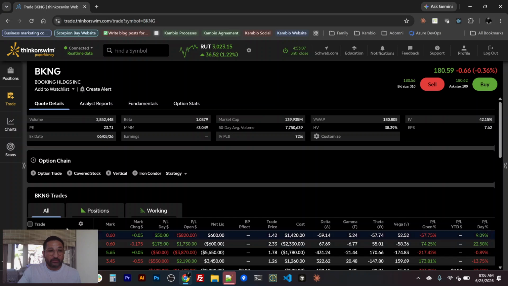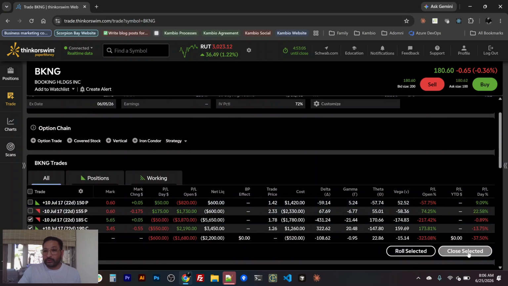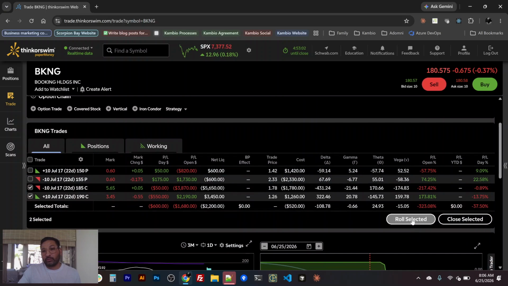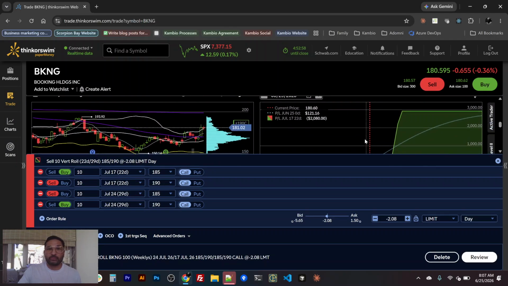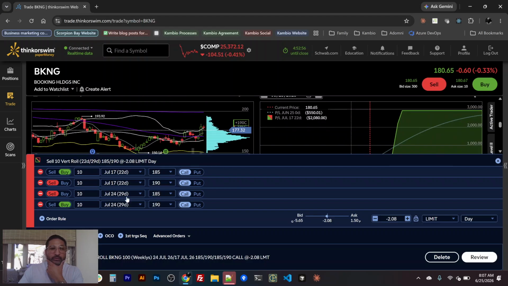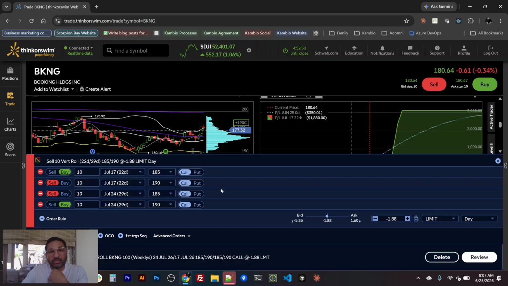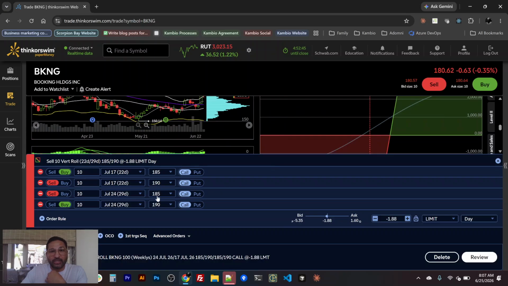So I'm going to take the puts off, and then we can actually roll. Sorry guys, it's so small. If we were to roll, the roll is going to take us to the next DTE, but it's kind of dangerous because it keeps the strikes the same.